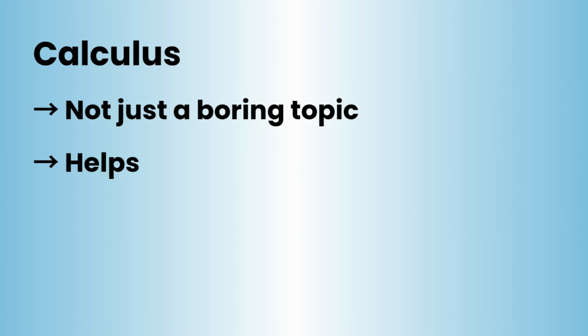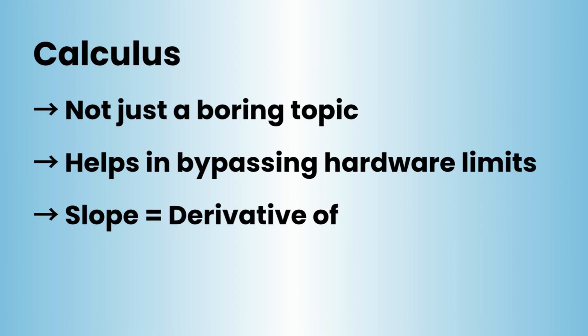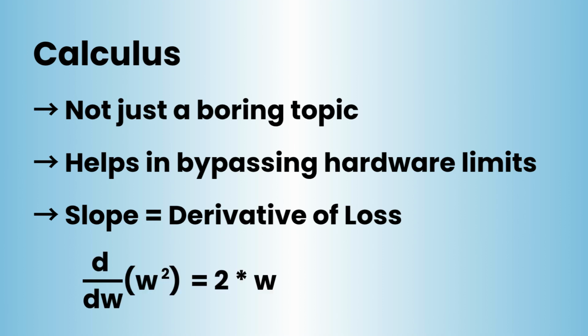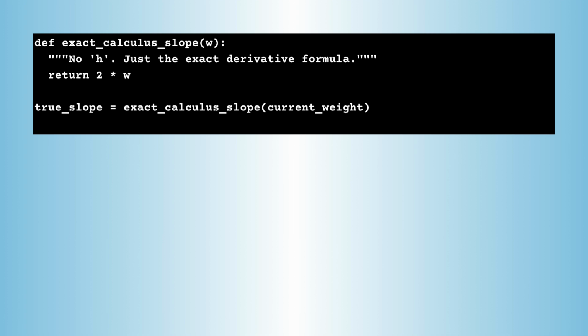This is why calculus isn't just a boring college prerequisite. Calculus is an API for bypassing computer hardware limits. Instead of making the computer physically guess and check, calculus gives us the exact theoretical formula for the slope at any point. For our curve w squared, the power rule in calculus tells us the exact slope is simply 2 times the weight. No guessing, no hedging, no division, and no catastrophic cancellation.